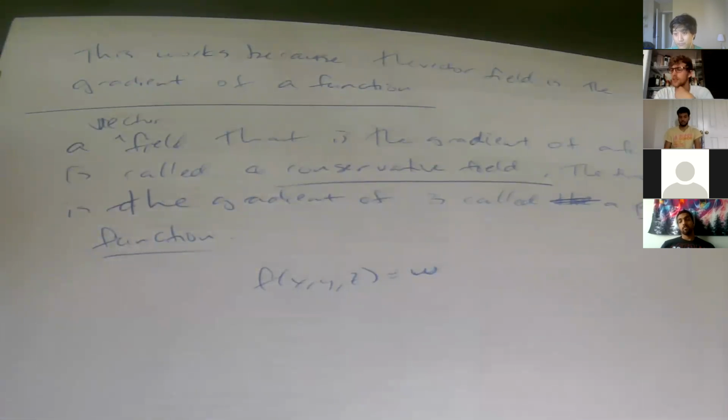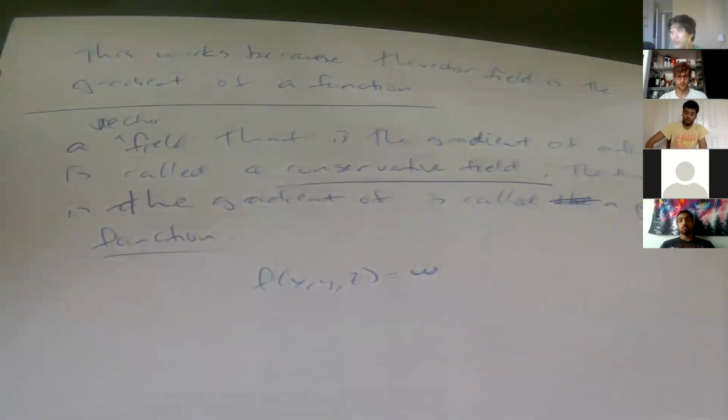Okay? Interesting. So this goes back to Nasser's question of why do we do integration if we have this theorem? It doesn't cover non-conservative fields. Does that make sense? So we're familiar with what a conservative field is and a potential function is.